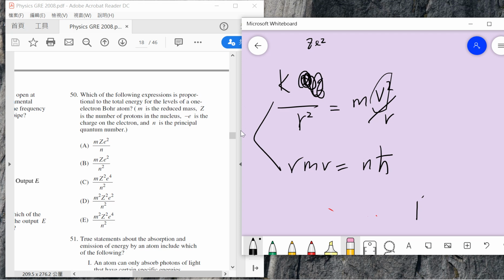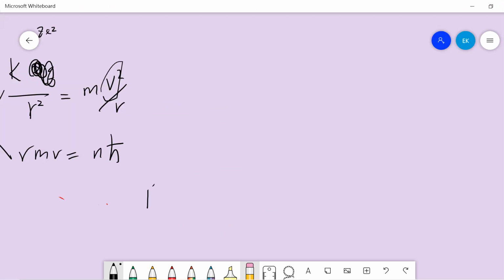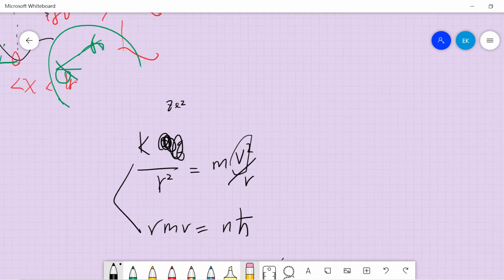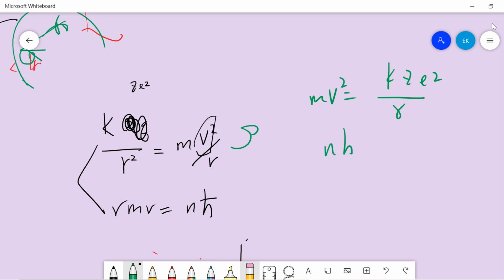The good thing is we don't have to solve it. Basically we can still solve it. This one tells me that mv squared equals r over k Z e squared, and then we have n h bar equals r v.